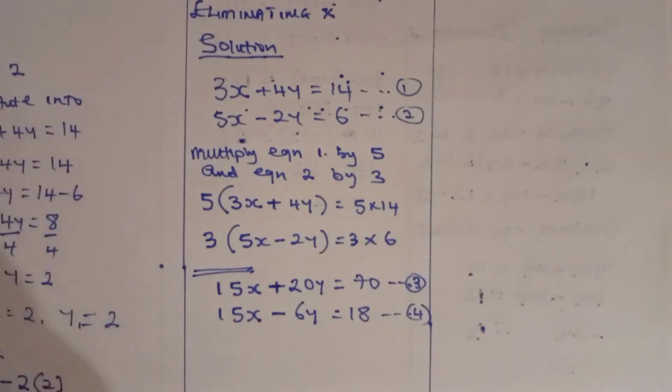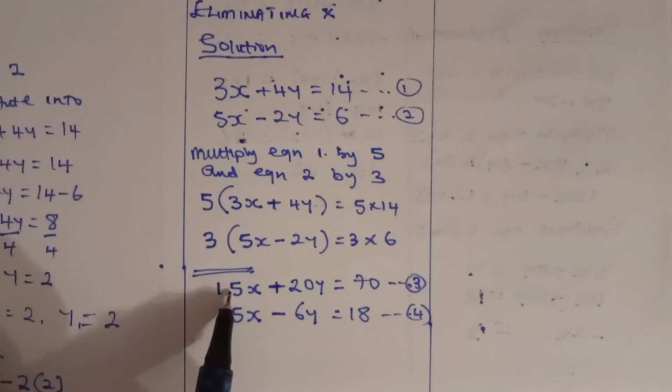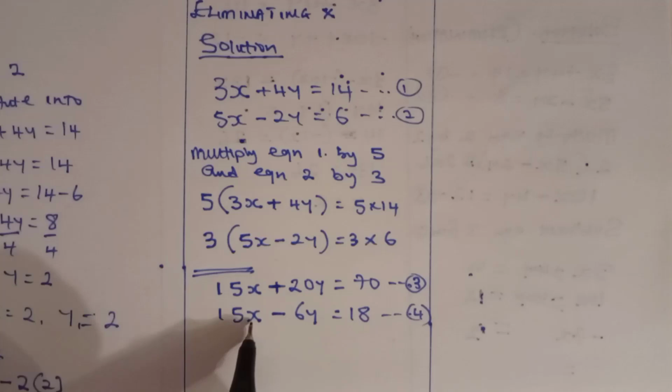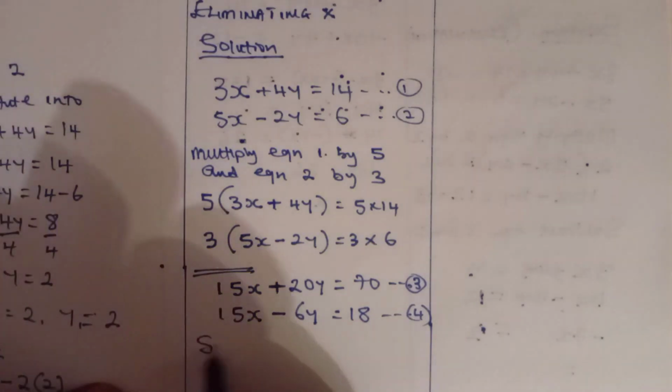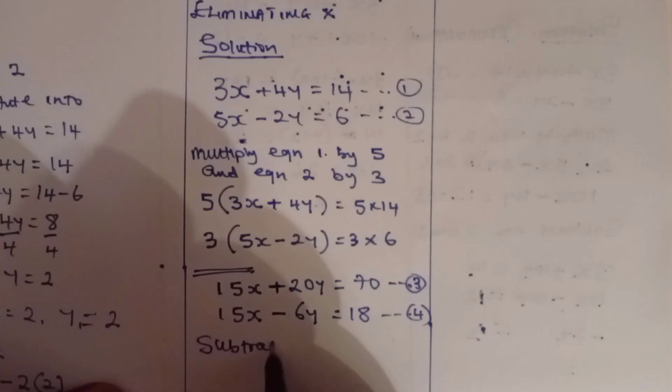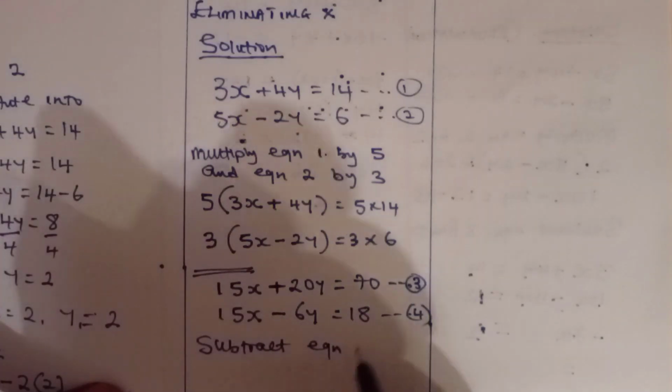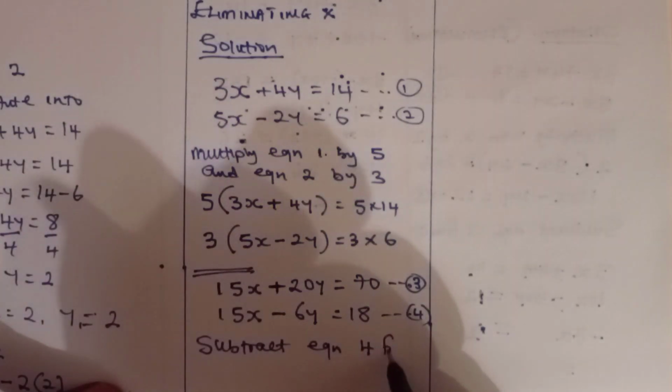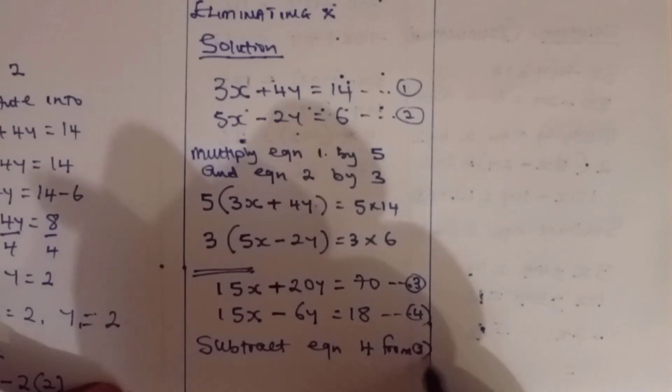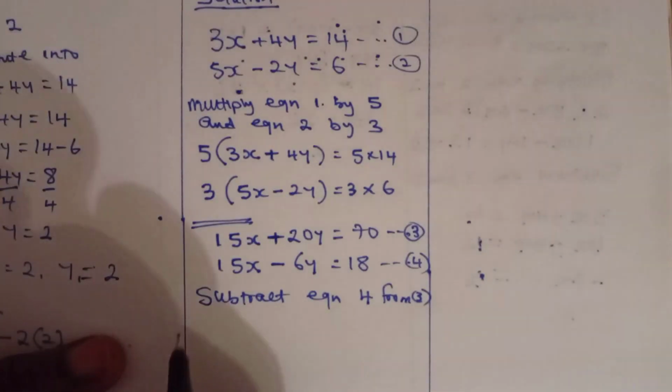Correct? So we now have the same coefficient for variable x in equation 3 and also in equation 4. Now we can simply eliminate by subtracting equation 4 from 3. So let's go.